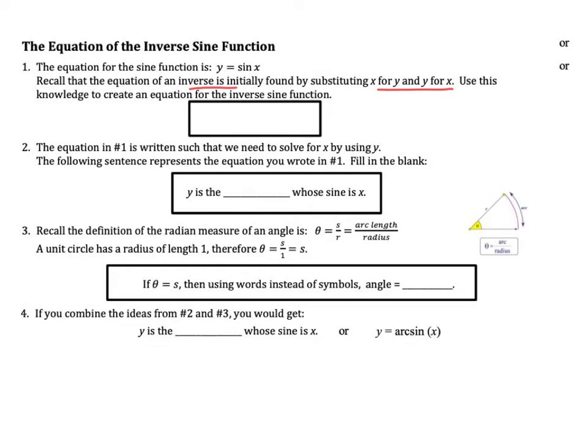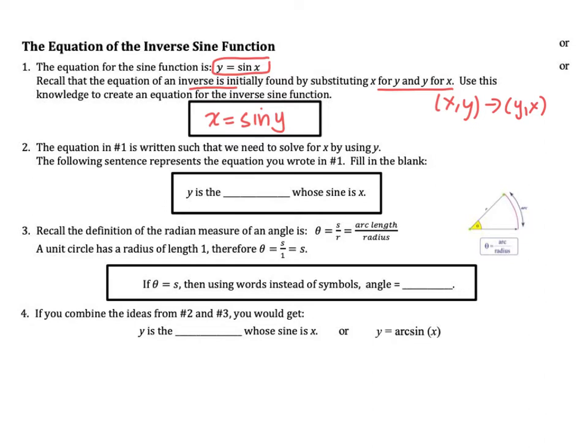So the ordered pair just switches to those opposites like that, (x, y) to (y, x). So use this knowledge to create an equation for the inverse. Well, if this was the original, then what are we going to do? We're going to switch the x and the y. So it becomes x equals sine of y.